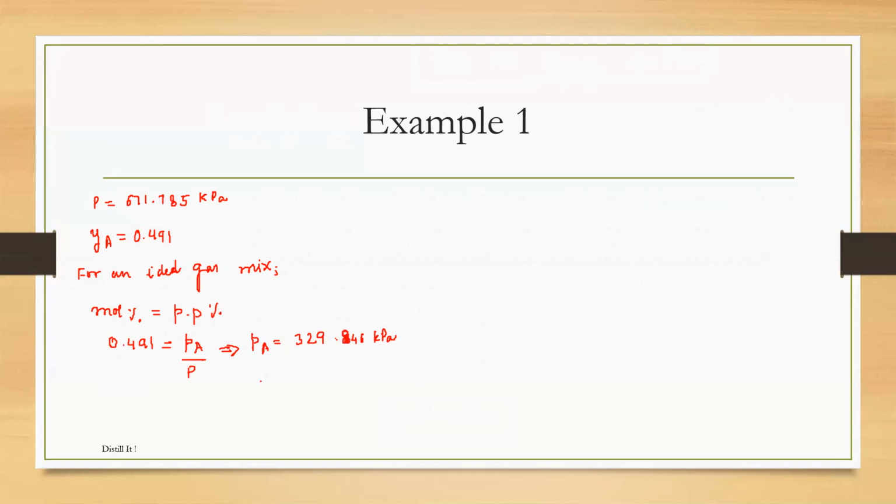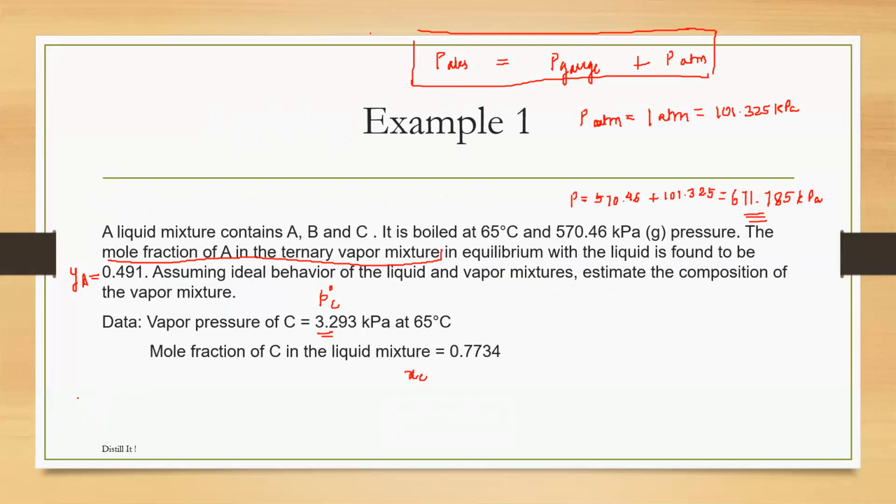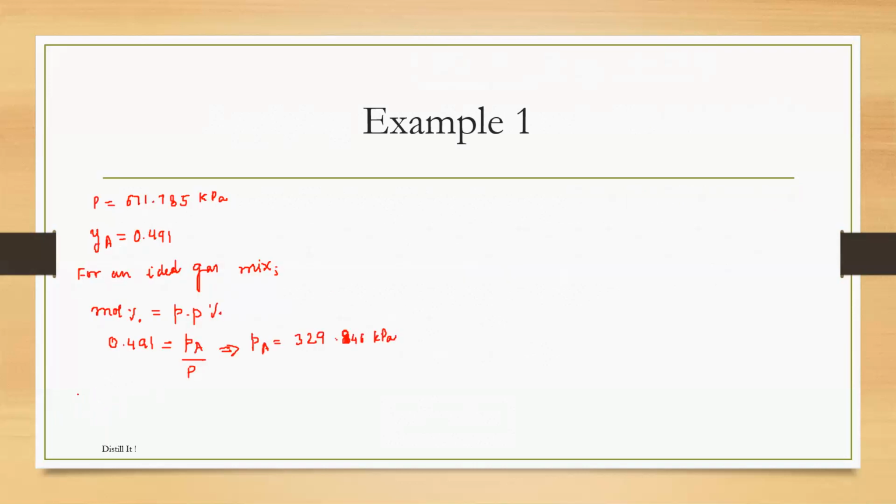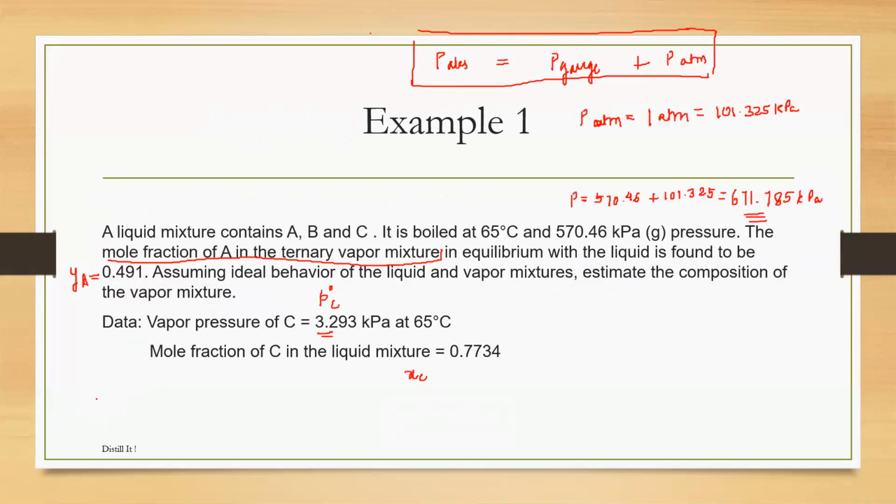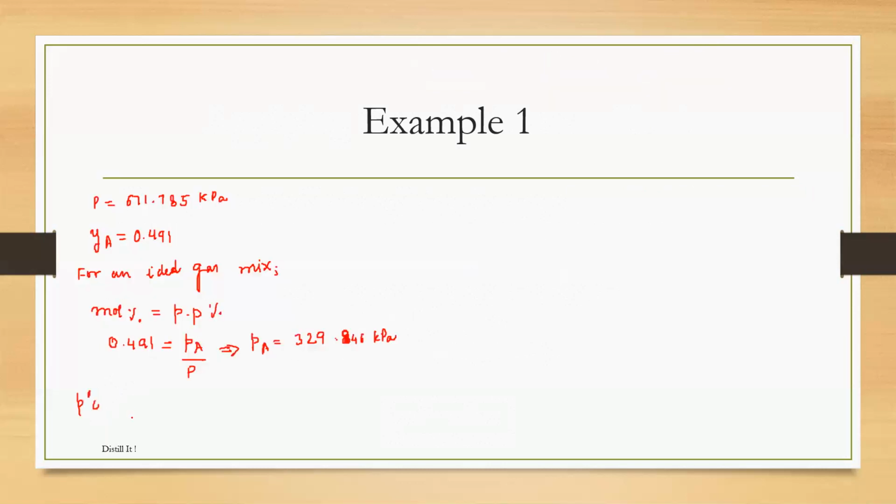Next, they have given the vapor pressure of C, P naught C, as 3.293 kilopascal. In order to find the partial pressure of C, we are going to use Raoult's law.